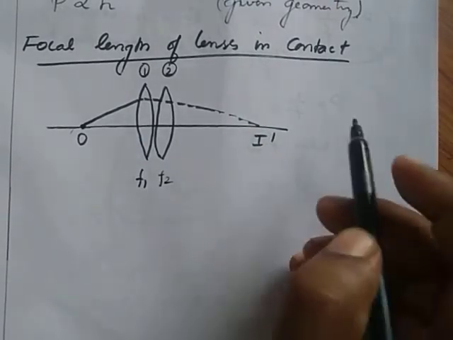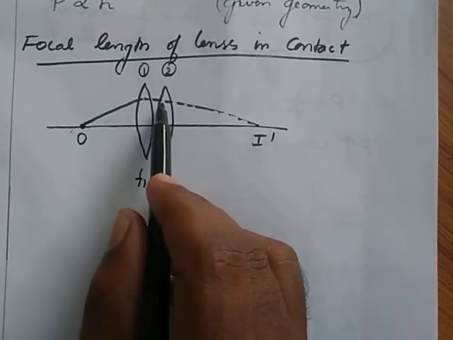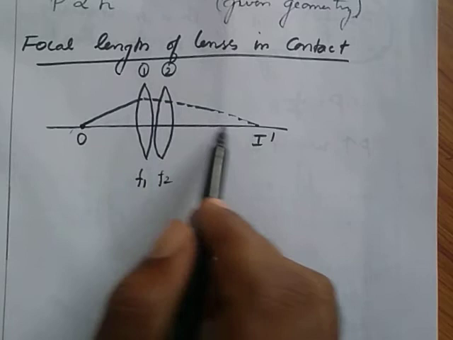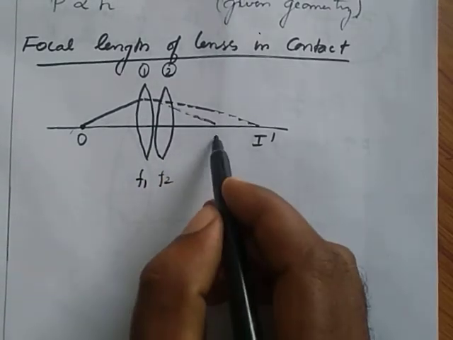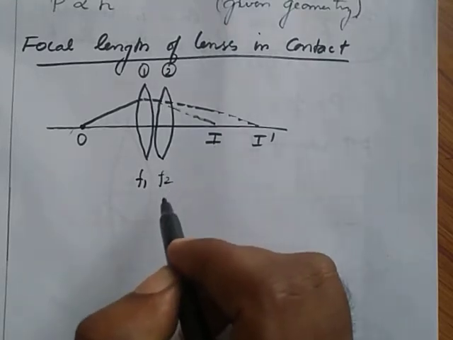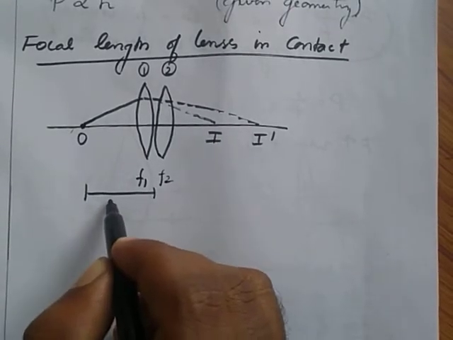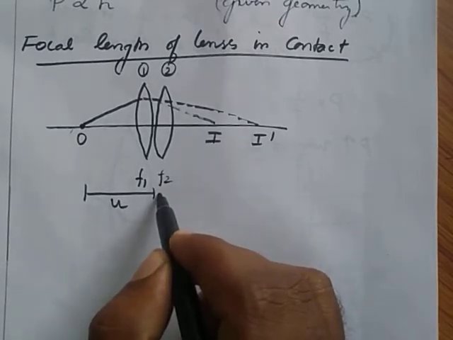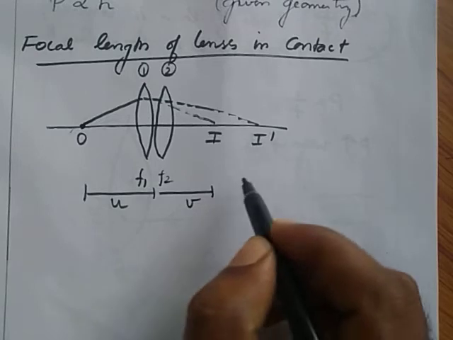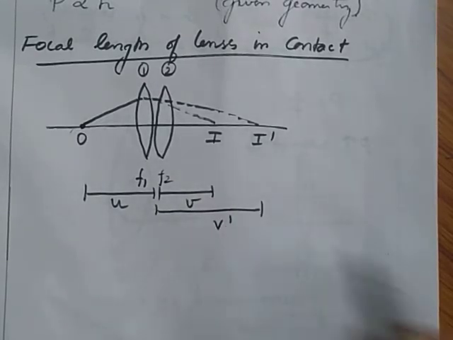Then there is one more lens, which refracts its path, and it produces the final image here. So we can write this one is U, this one is V, this one is V dash.